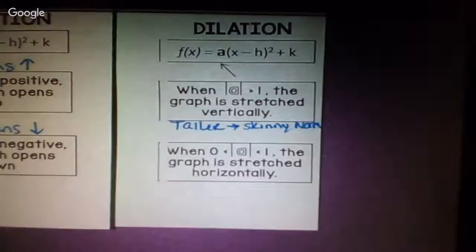Your graph gets taller, and we call it skinny norm, because if I take you and stretch you by 2, what's happening? You're getting taller, and you're gonna get skinnier. Okay, focus.